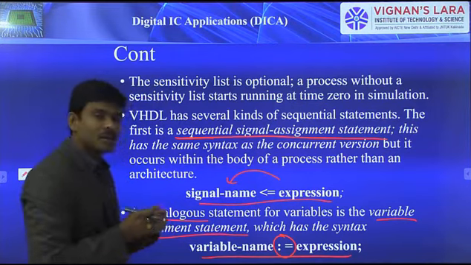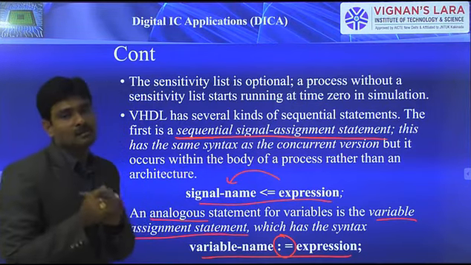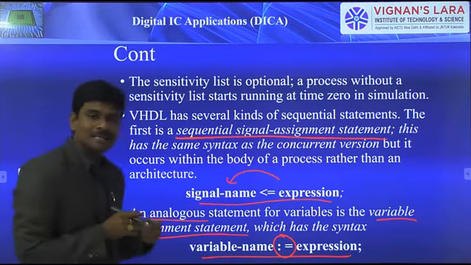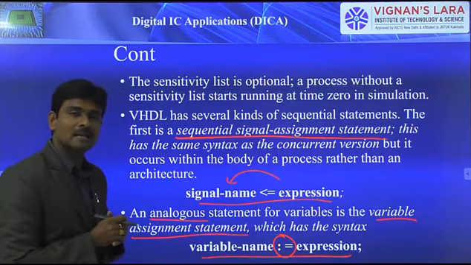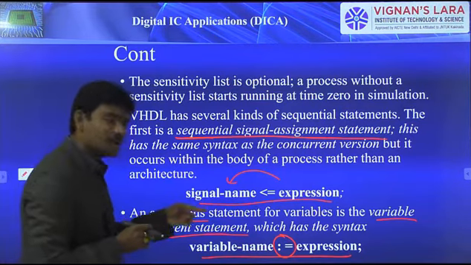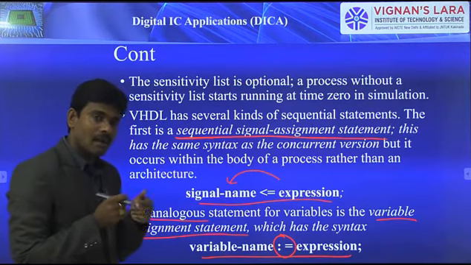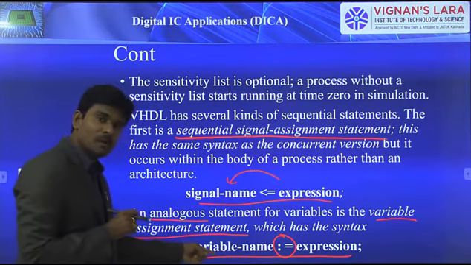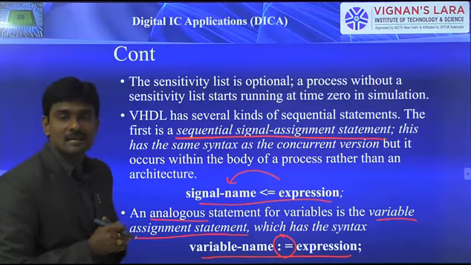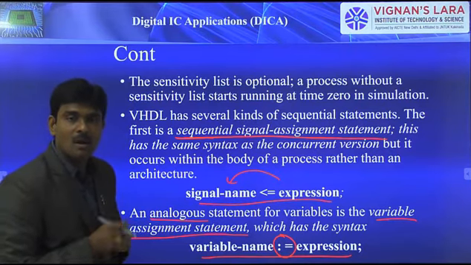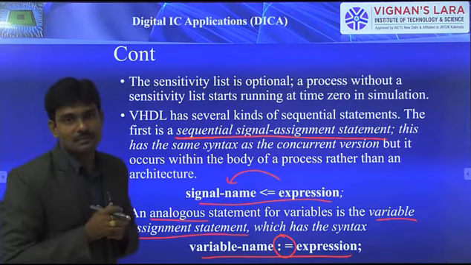In this one we considered colon equals to, but till now whatever we considered used less than or equals to as the assigning operator. While assigning a value to a variable, you are supposed to use colon equals to as the assigning operator.